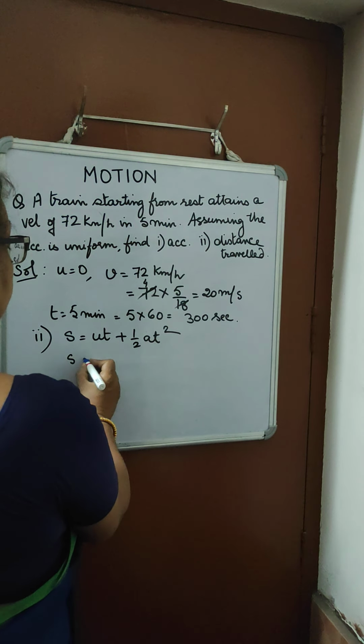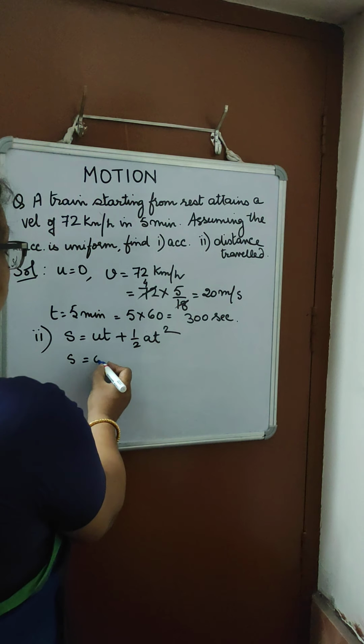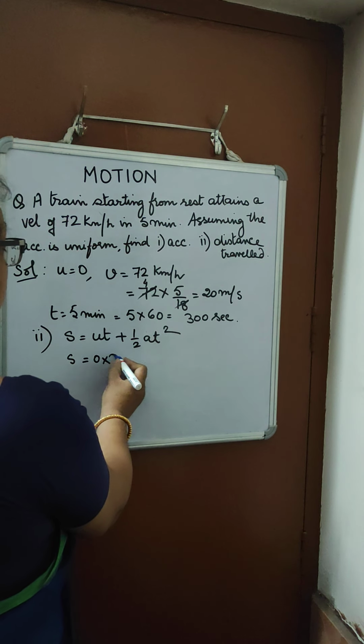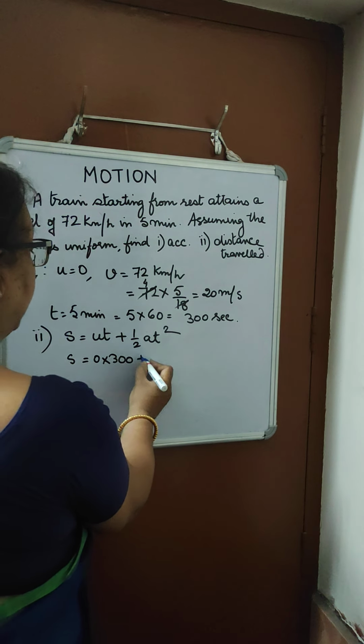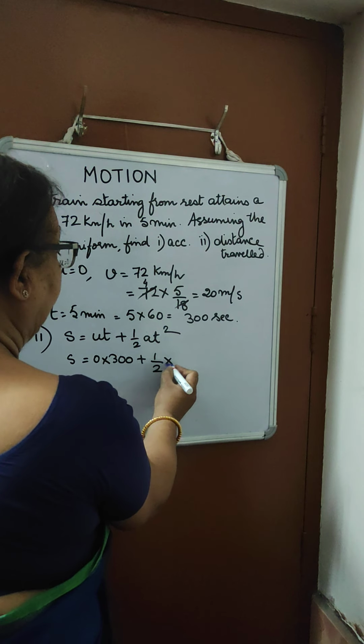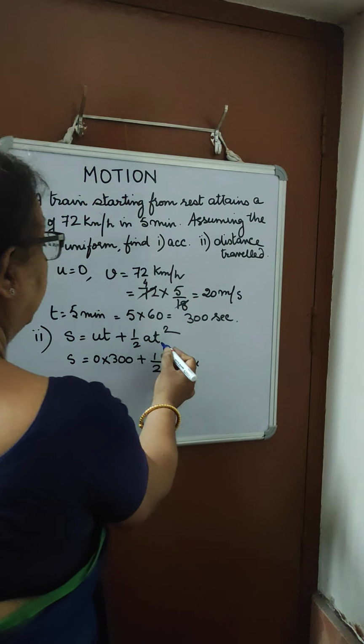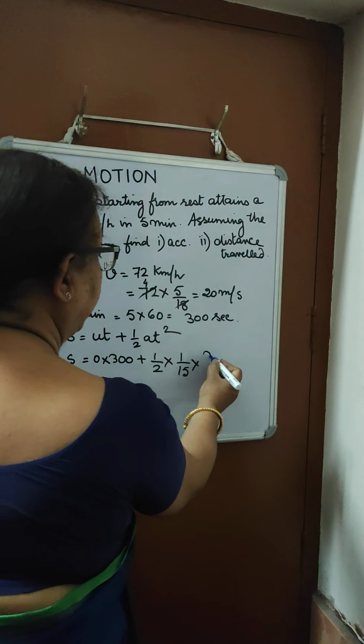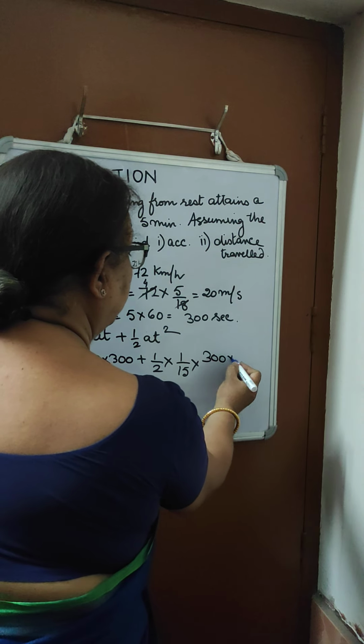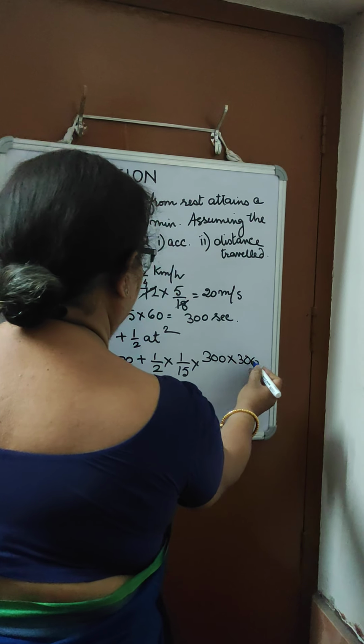So S equal to u is 0 into time, plus half a, we had 1 by 15, into time square, time is 300 into 300.